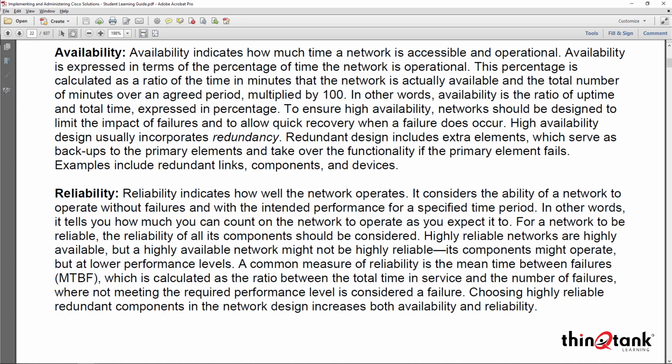But there are several terms that are used to describe reliability in a network. Mean time to recovery, MTTR, mean time between failure. Like I said, recovery time objective versus recovery point objective. RPO versus RTO. What's the difference between those two?